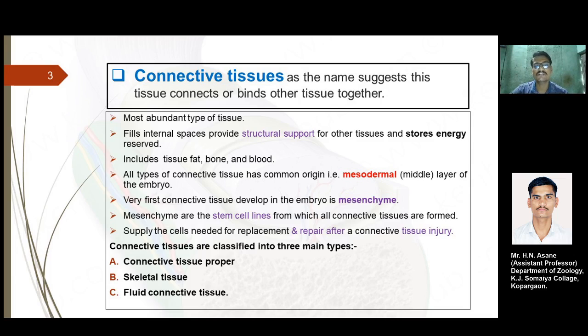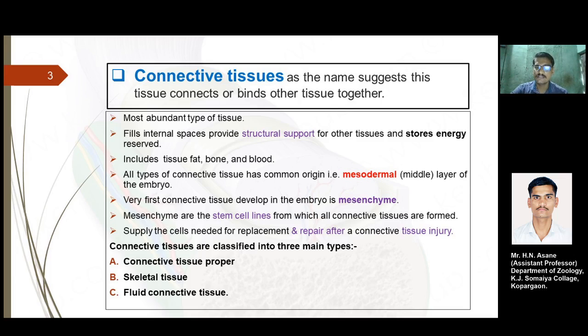The very first connective tissue developed in the embryo is known as mesenchyme. The mesenchyme is of mesodermal origin in the embryonic condition. These mesenchyme cells are the stem cell lines from which all connective tissues are formed. Are you getting me? From which all connective tissues are formed.